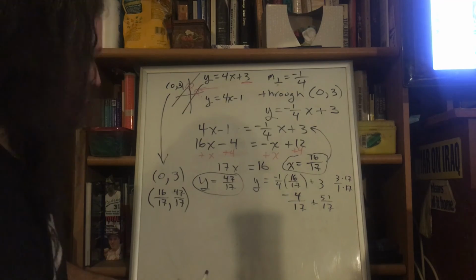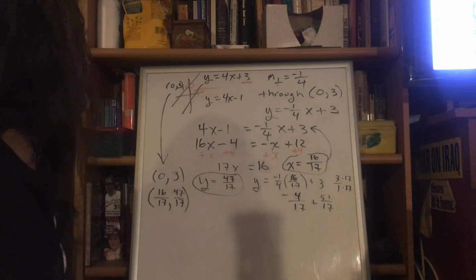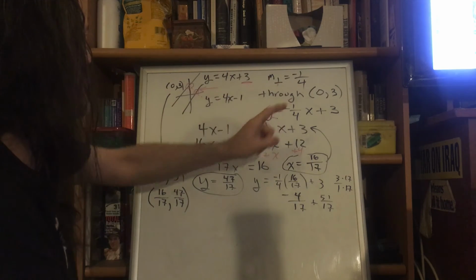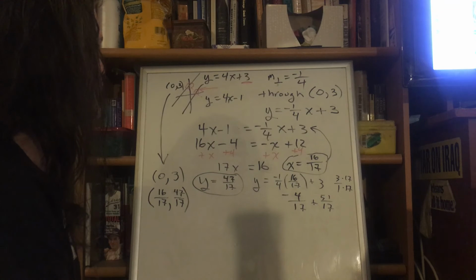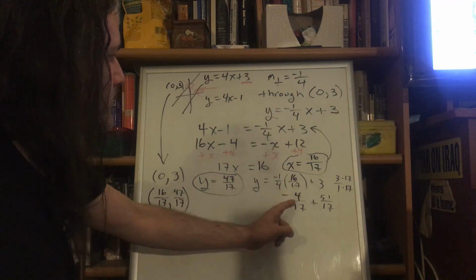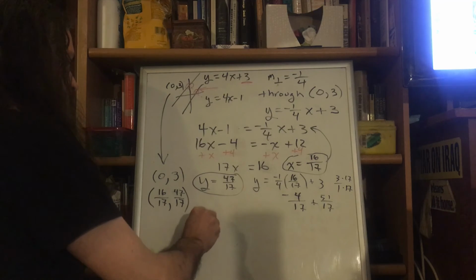Okay, now I'm going to double check this again. Alright, I don't see where I made a mistake anywhere, so we're good here. Alright, so then you just do the distance formula.